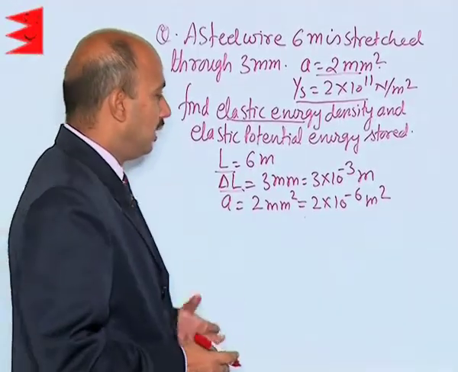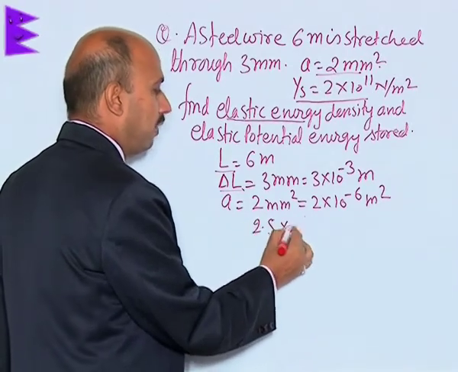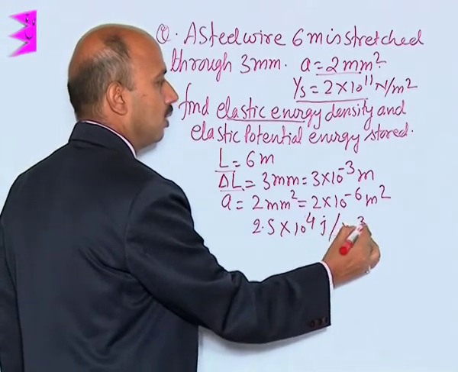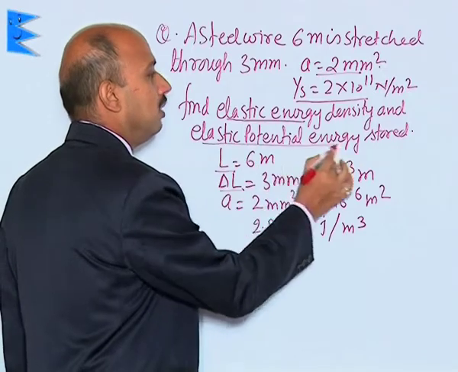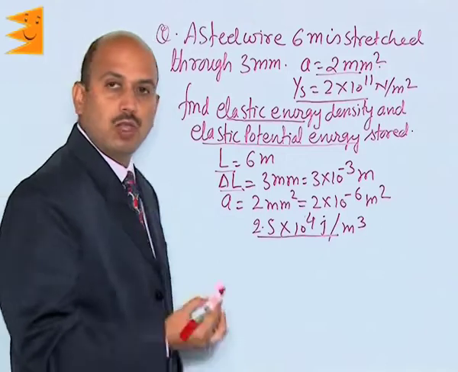So, now we have calculated energy density, that is 2.5 into 10 raised to power 4 joule per meter cube. Now, we have to calculate elastic potential energy stored. This is the energy per unit volume.